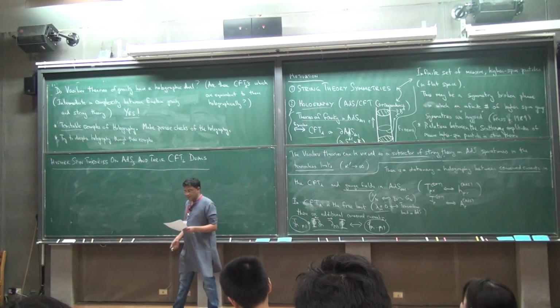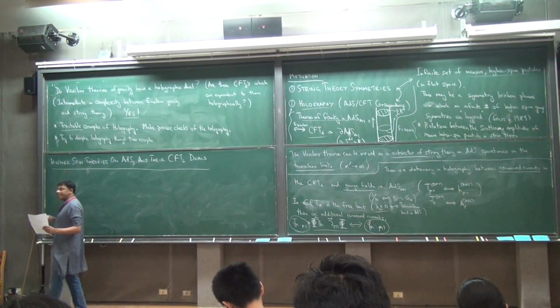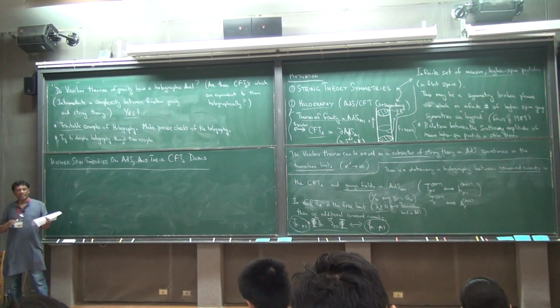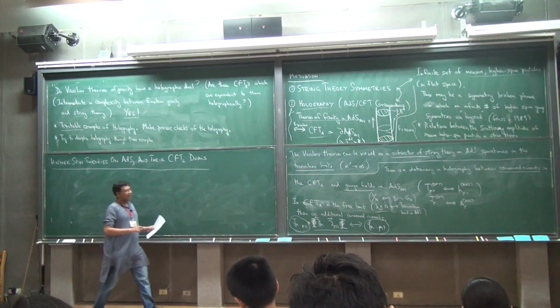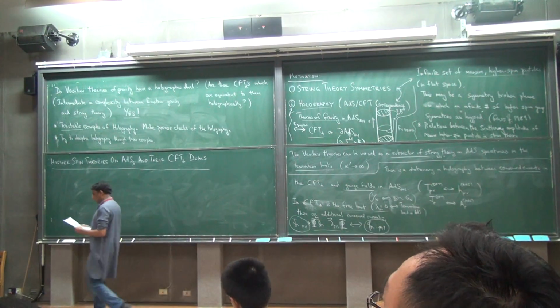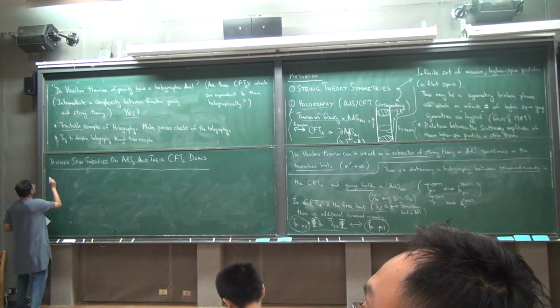To do that, let me first tell you a little bit about gravity, ordinary gravity or Einstein gravity in AdS3, and a slightly different formulation of that, which maybe you have not seen before.